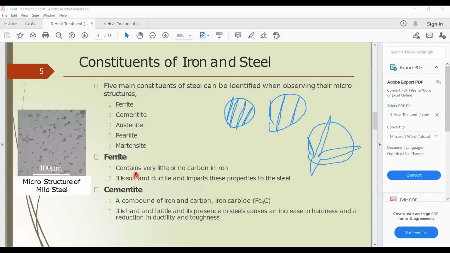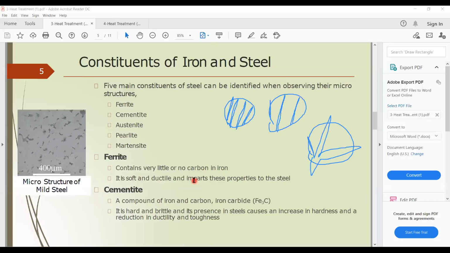But in the case of cementite, it has carbon. When you compare with ferrite, cementite has a higher amount or percentage of carbon. So these are the differences.